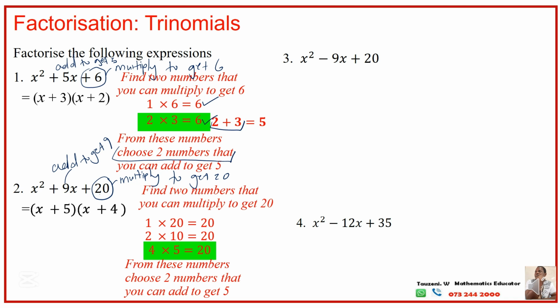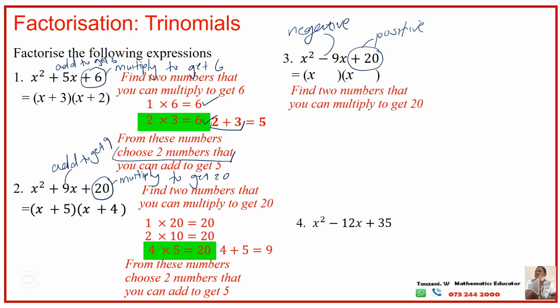Then let's have a look at the last two questions. Now, this one is a bit tricky because of the negative. The last term is positive, but the middle one is negative. It means out of your two numbers, your two factors, both of them must be negative numbers.